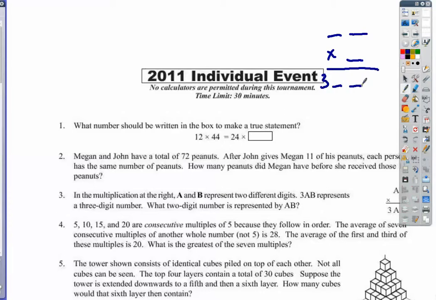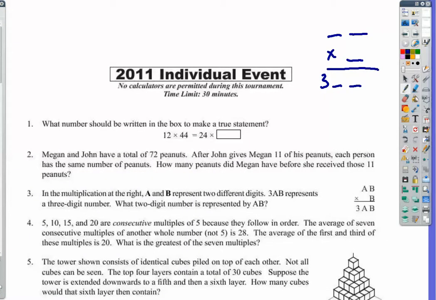And I notice that b times b is b. And there are only really two possible combinations, because 5 times 5 is 25. That would get me my 5 here. I know 6 times 6 was 36. That gets me my 6 there. So it's either 5 or 6.